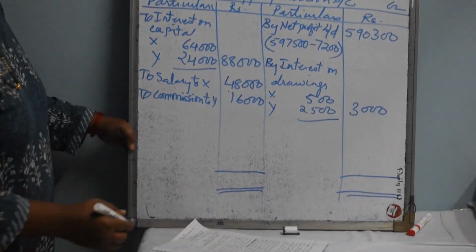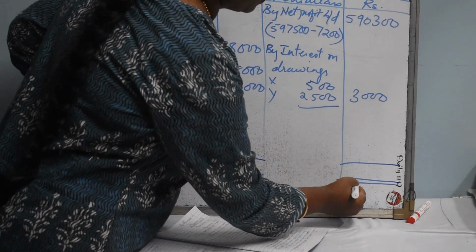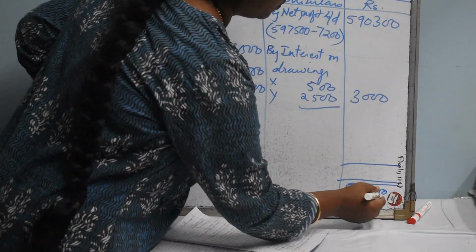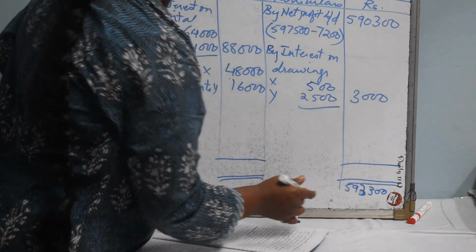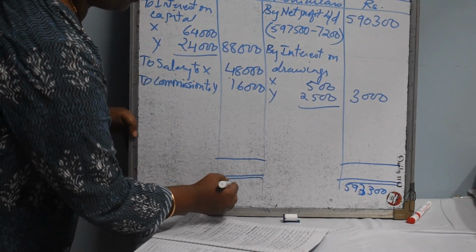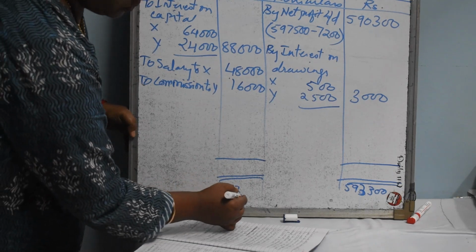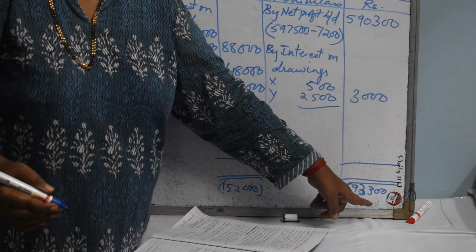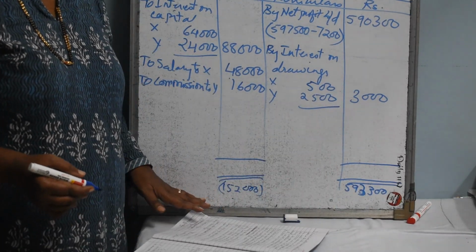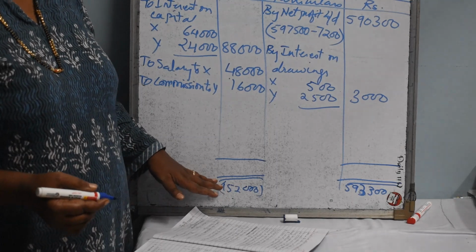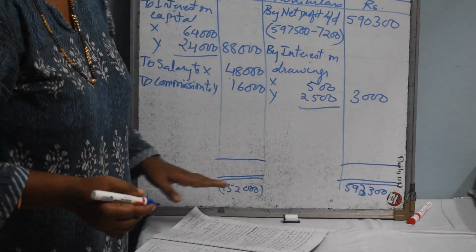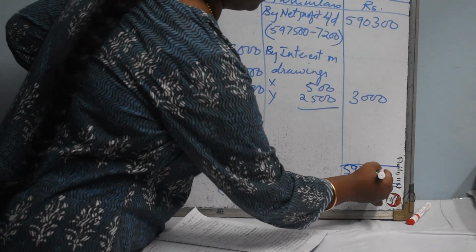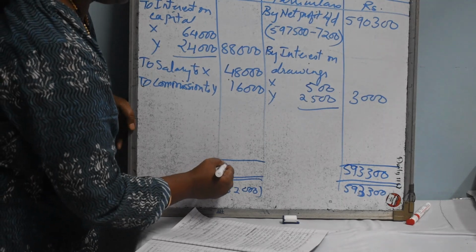So the total on this side is coming 5,93,300, and it is coming 1,52,000 on this side. 5,93,300 on the credit side and 1,52,000 on the debit side. So which side is more? Your credit side is more. So write that amount in the total column, 5,93,300 in both amount columns.